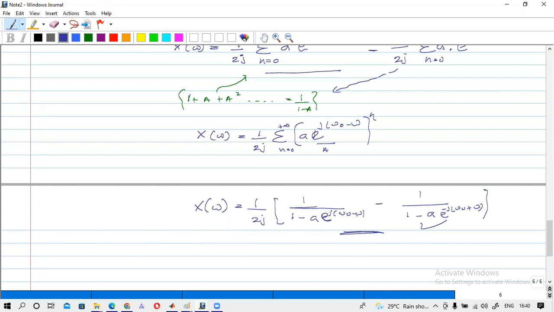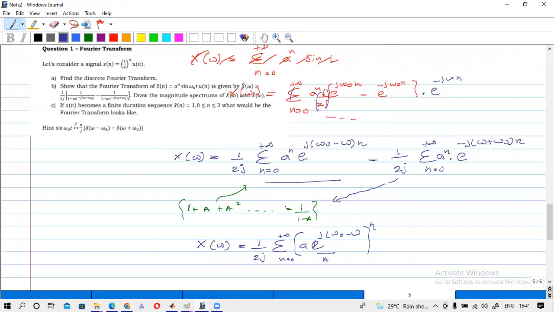If I take the minus out, this will be omega minus omega naught, no? So we have omega minus omega naught. So our answer is correct, no? We get the answer.